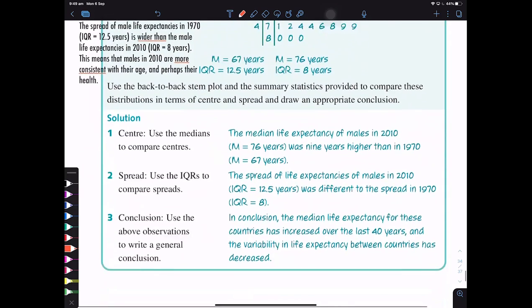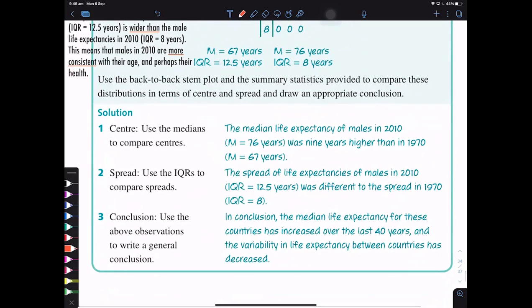Let's have a look at how they put their answers. They said the median life expectancy of males in 2010 was 9 years higher. Okay, it should be 9 years longer than in 1970.